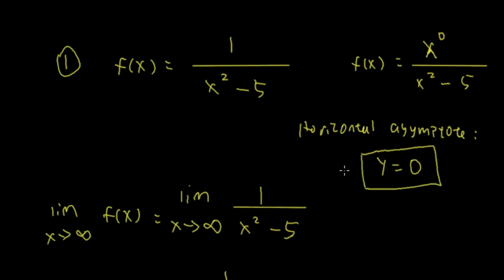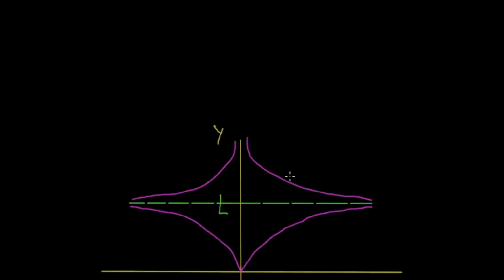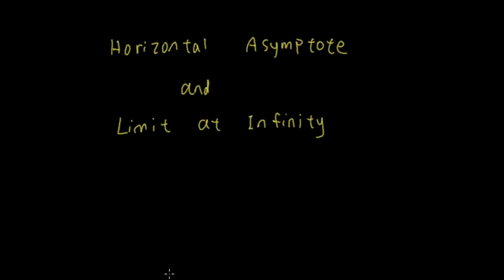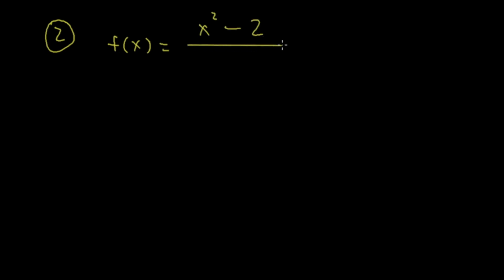Okay, let's look at example number 2. Let's say f of x is equal to x squared minus 2 divided by x squared plus 2. Now, let's use the rule.